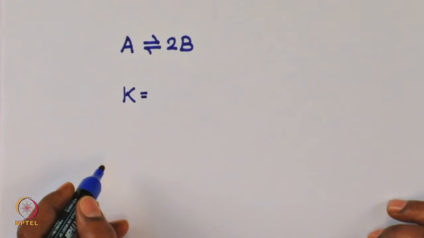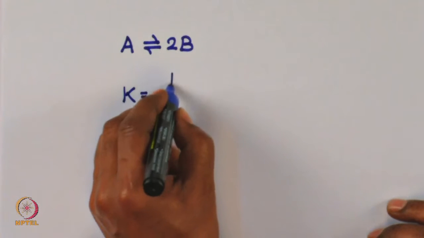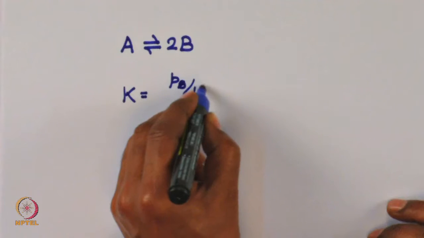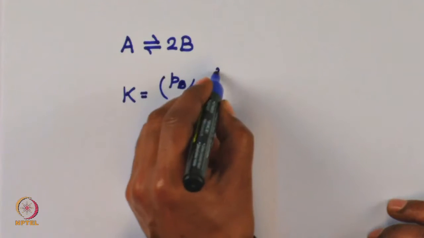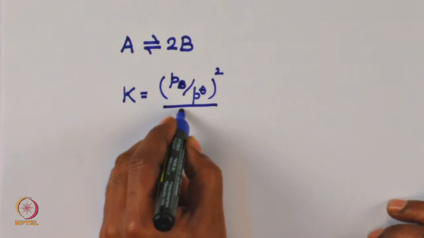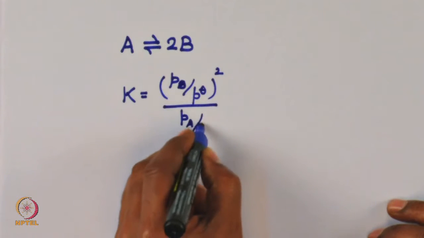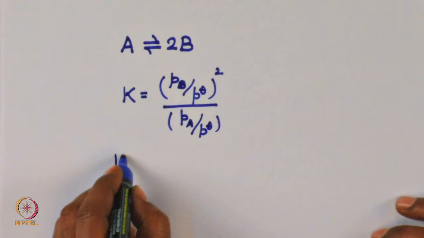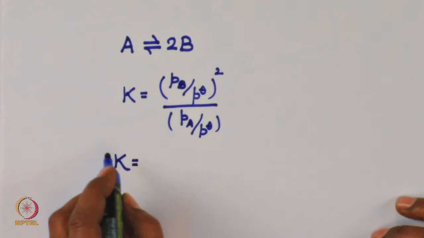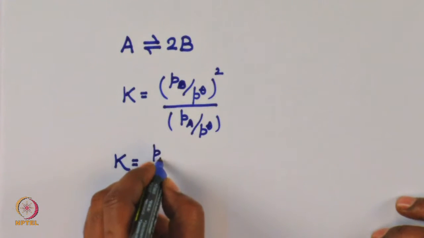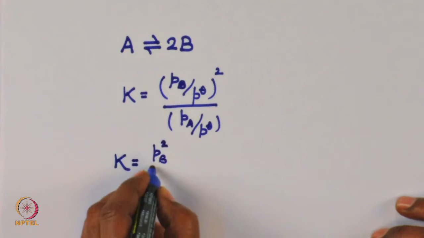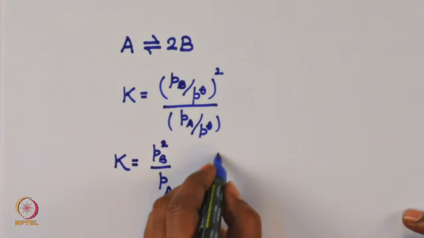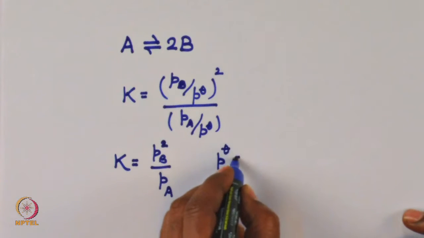Since I am assuming perfect gases, I will write Pb by P naught whole square divided by Pa by P naught. Since P naught is equal to 1 bar, I will write Pb square over Pa.